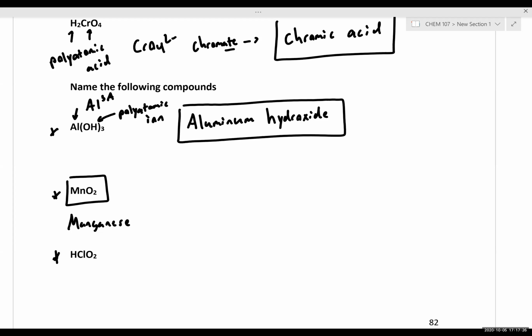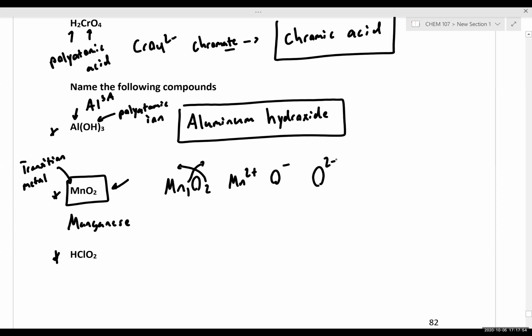Okay, continuing on, looking at MnO2. So first and foremost, manganese, Mn, is a transition metal. And as such, we need to specify the charge. So if we take a look at MnO2 and we reverse cross our charges, that gives us manganese 2+ and O 1-.